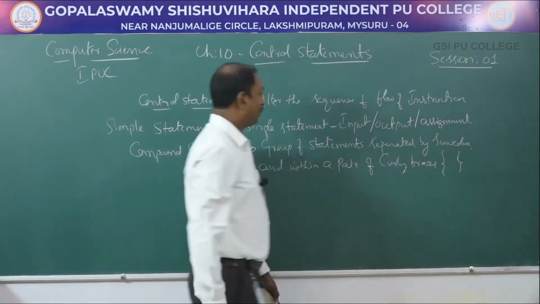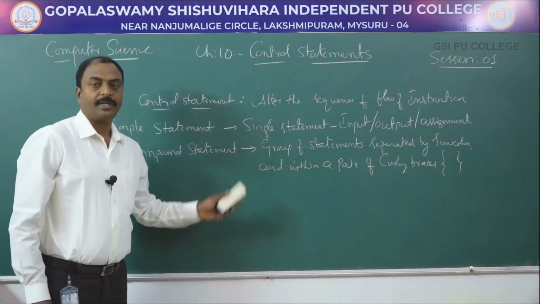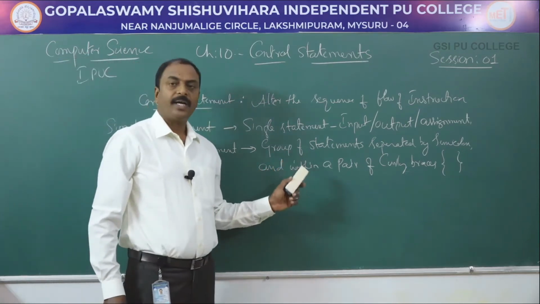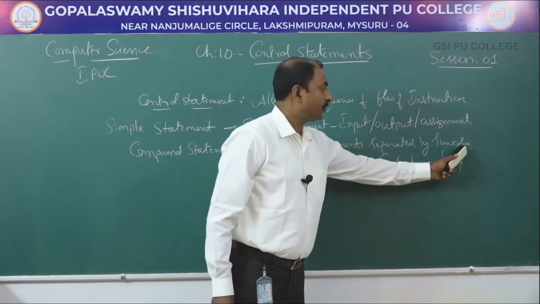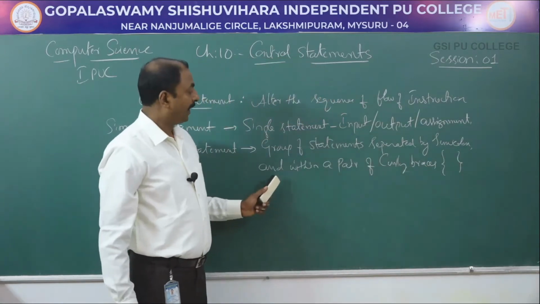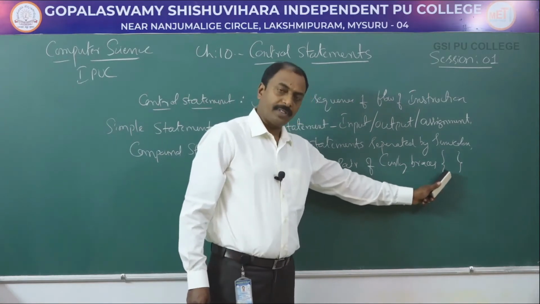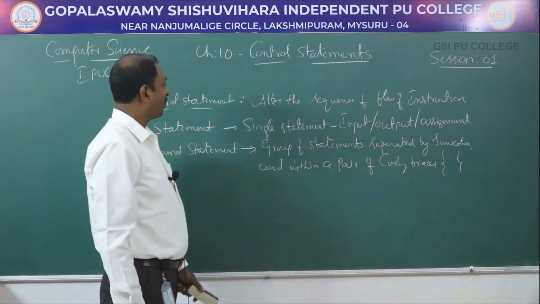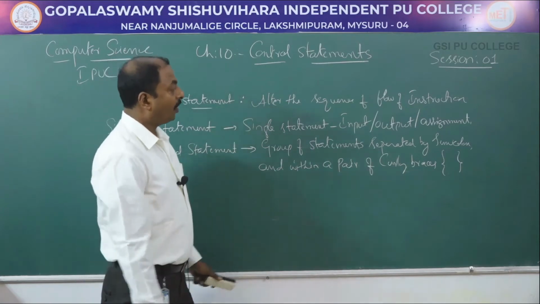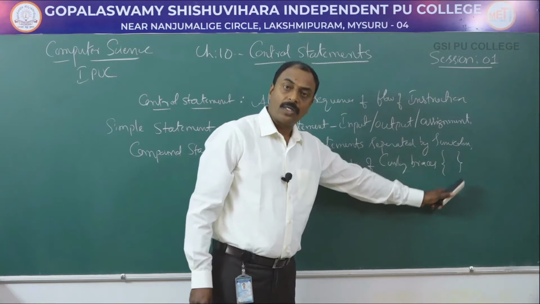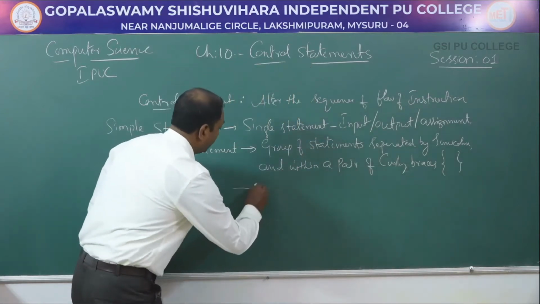So these are called a compound statement. What is a compound statement? It is a group of statements which are separated by a semicolon, and it should be placed inside a pair of curly brackets or curly braces. Any statements between these two braces are called a block of statements.